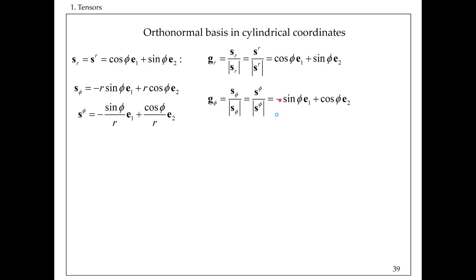You can calculate the length. It will be sine square plus cosine square, a unit vector, as we had before. And finally for the third component, z, that was very trivial for us, so it will be exactly the same here, and this is trivially a unit vector, so we can divide it by its length, but it will not change the result, so this will be E3.